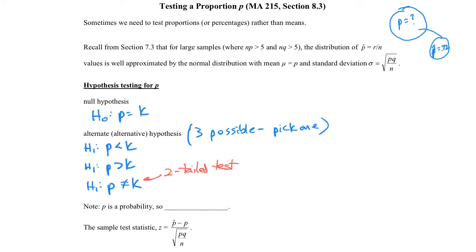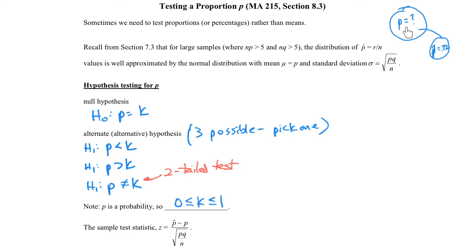Also, the note here says p is a probability, or a proportion, so that k is going to be between 0 and 1. This k right here has to be between 0 and 1. If we're trying to guess the population proportion of voters who are going to vote yes on proposal 3, we can't say 2.